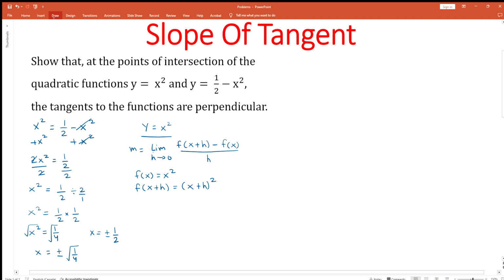We can expand the square on x plus h. We should multiply x plus h by itself. We can distribute the terms in the parentheses using the FOIL method.